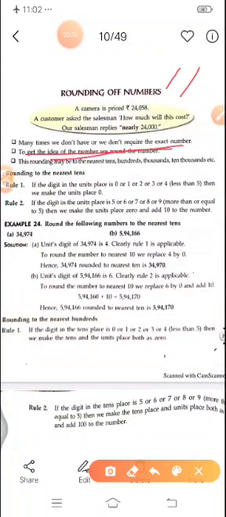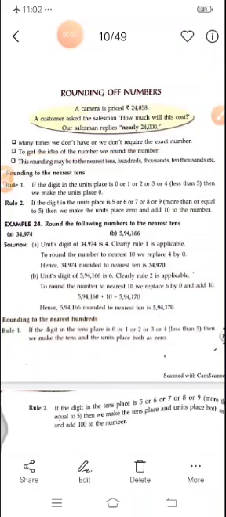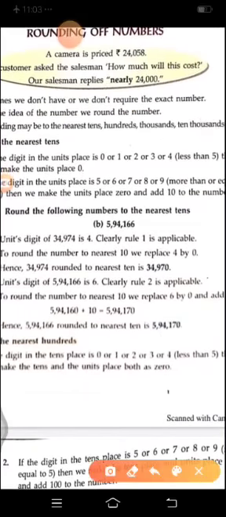Sometimes we don't know the exact value, we don't know the exact number, then we tell the number by rounding off. In this topic we will learn about the rounding of numbers to the nearest tens, hundred, thousand and 10,000.